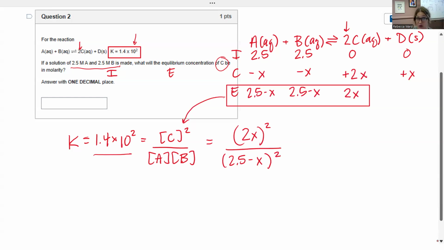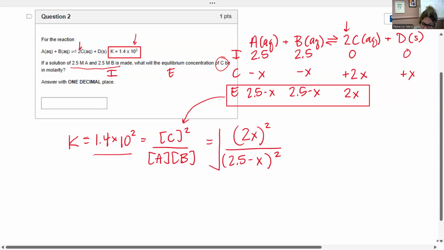And this is the place where you can avoid crappy hard math. Instead of expanding this out and putting yourself into a position where you need to use the quadratic formula, which we will not ask you to do on the exam, notice that this is a perfect square. I can take the square root of both sides here. So I'm going to square root that, and I'm going to square root the K value.